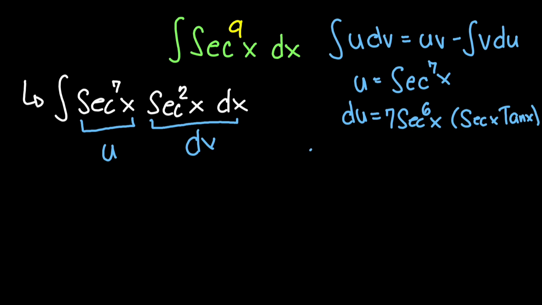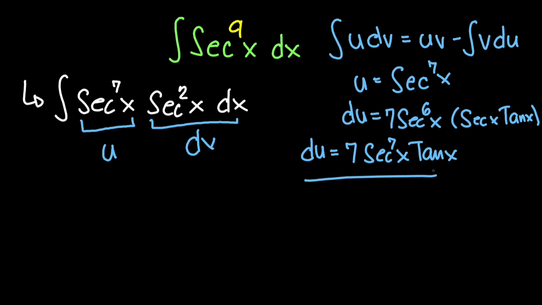So the full du value in here would be equal to 7. You can see here that secant and secant here can be multiplied against each other, which makes this secant to the power 7 of x, and what's left here would be the tangent of x. And whenever you're taking a derivative, multiply this by dx, since it is with respect to x in here.